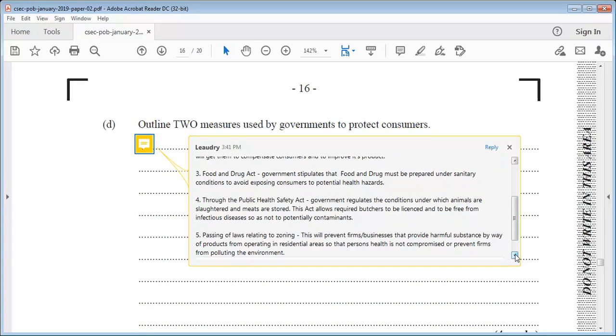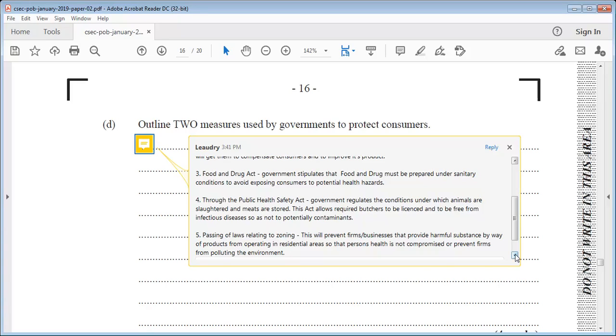5, passing of laws relating to zoning. So this now the government uses to prevent firms and businesses from using harmful substances or products, or it prevents them from operating in residential areas so that persons' health is not affected, or it prevents them from polluting the environment.